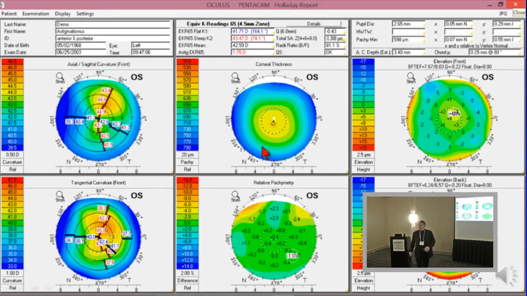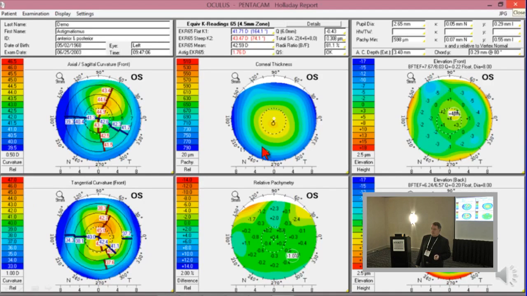There was some discussion about using total corneal power for toric calculations. Well, and that's what I'm talking about. You see, the astigmatism that you measure with the EKR65 is the total corneal astigmatism.